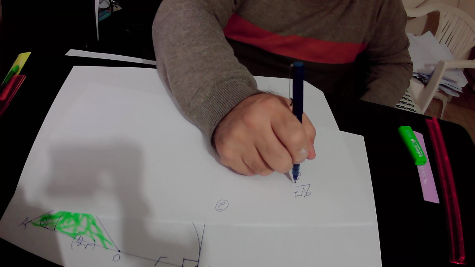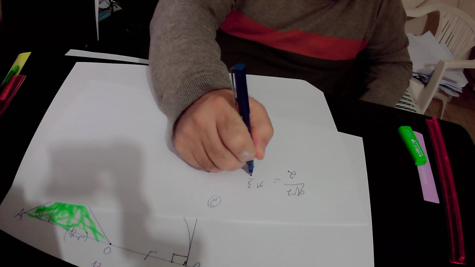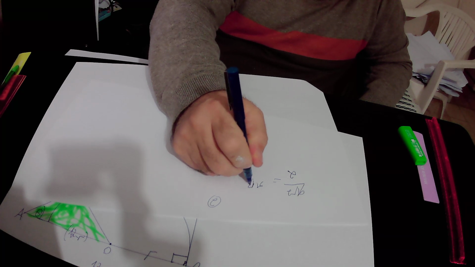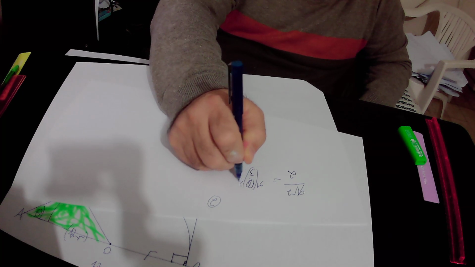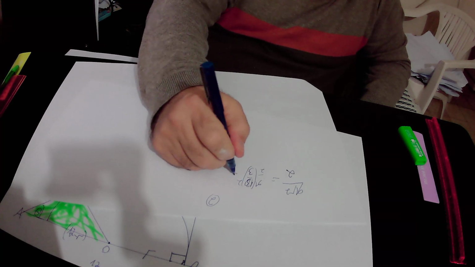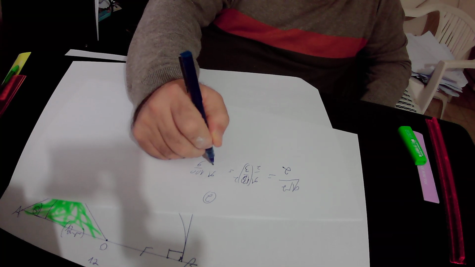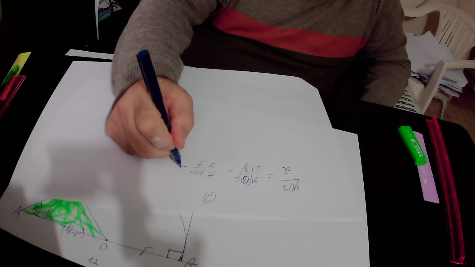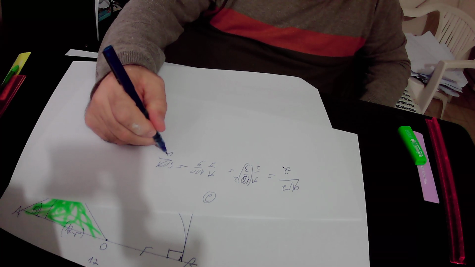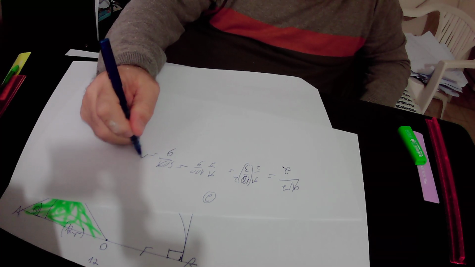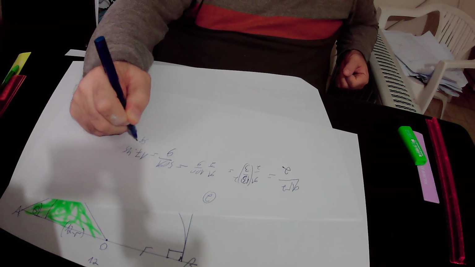And r is 10 over 3, so r squared is 10 over 3 squared, all divided by 2, so it is pi, 100 over 9, all divided by 2, 100 over 2 is 50. So in conclusion, we found out that the area of the semicircle equals either 50 pi over 9 square units, or in terms of numbers, it equals 17.45 square units.